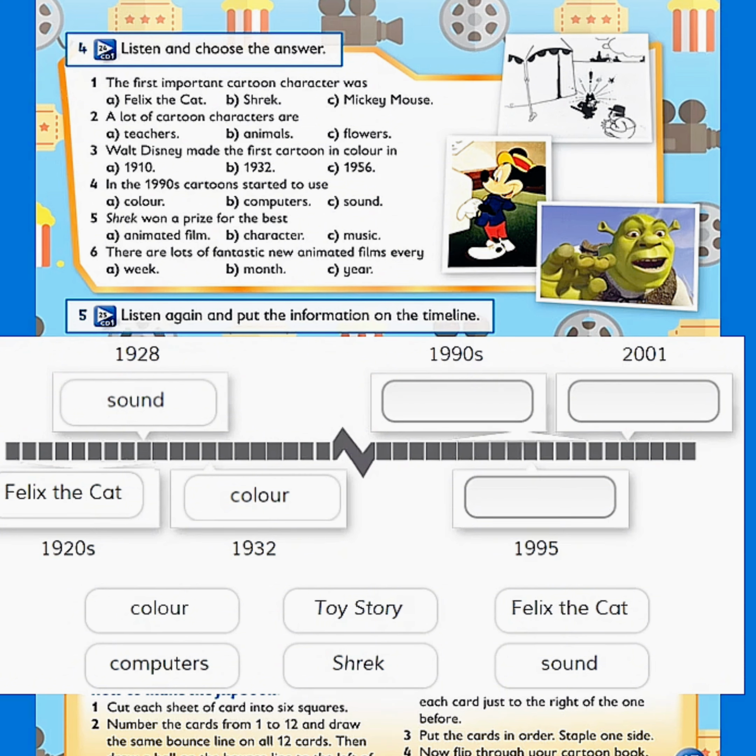The first 3D computer film was Toy Story, and that came out in 1995. That's right. And then in 2001, Shrek won a prize for the best animated film, didn't it? Yes, it did, and that really was a great film. Now there are lots of fantastic new animated films every year. It's an exciting time for cartoons. Well, Peter, thank you very much for being here today.